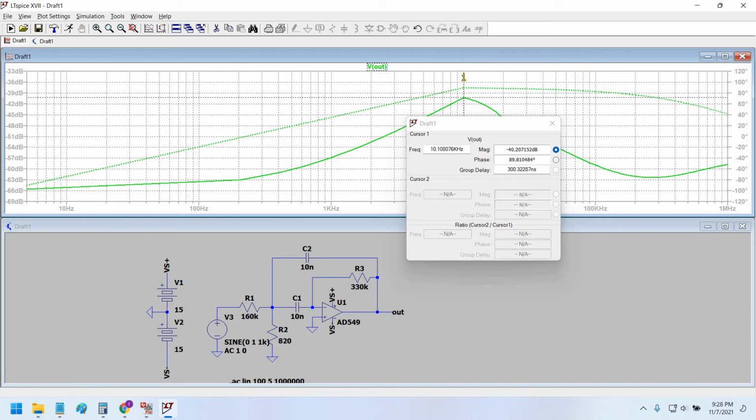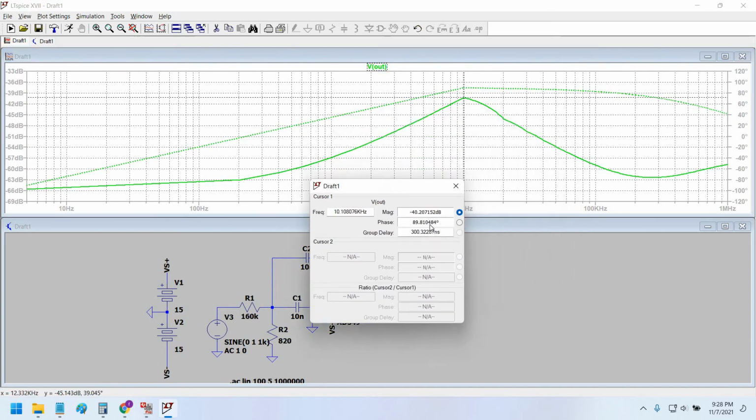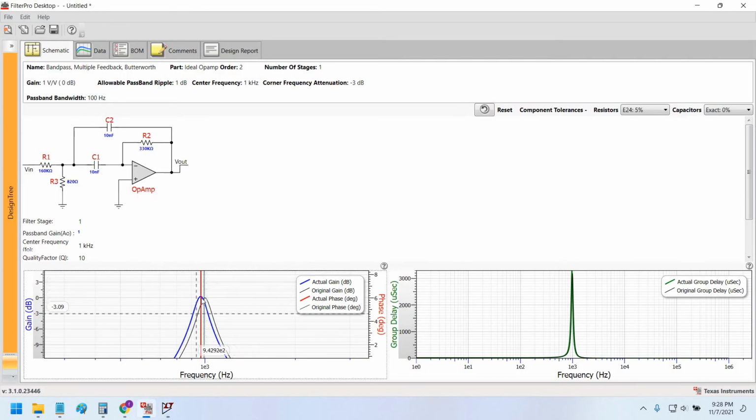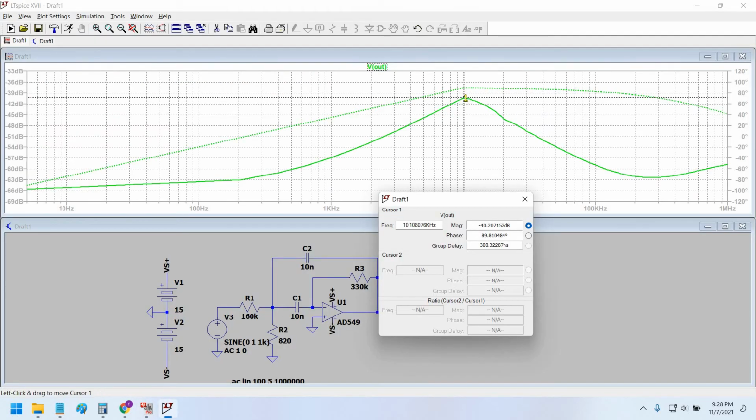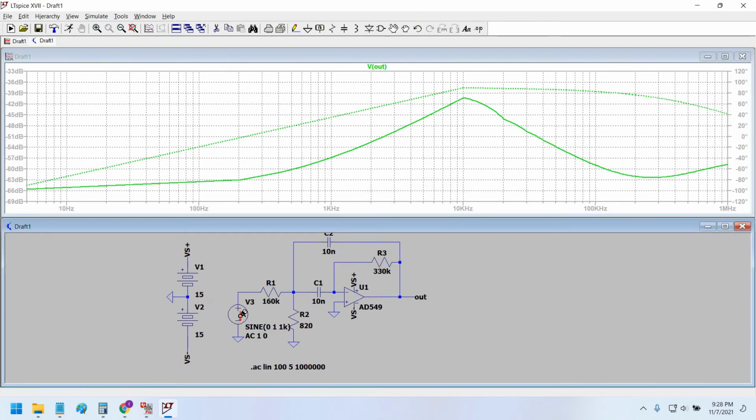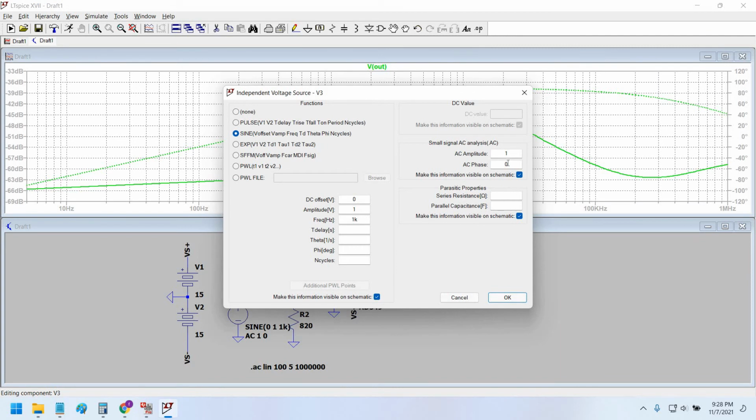This appears to be a 10 kilohertz center frequency, but the gain is very big. I don't know. Let's see again what happened here. One amplitude.